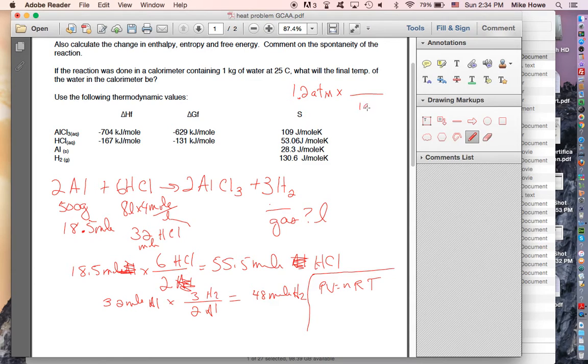So you put 1 atmosphere on the bottom, and you know that standard pressure in millimeters of mercury is 760. So we have to multiply 1.2 by 760, which is 912.